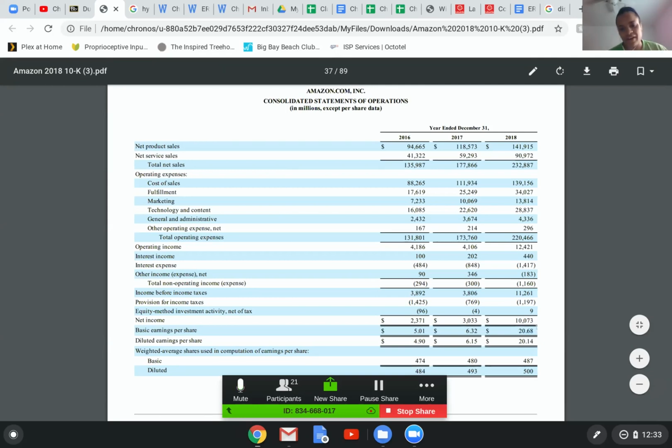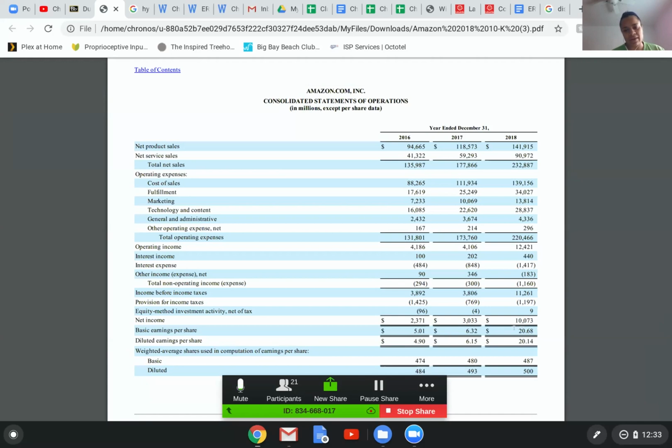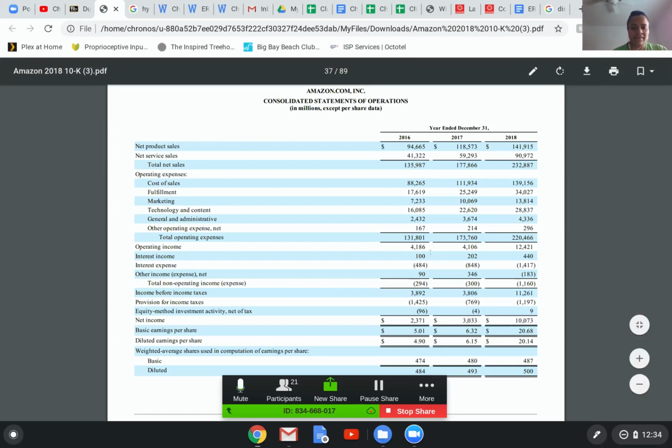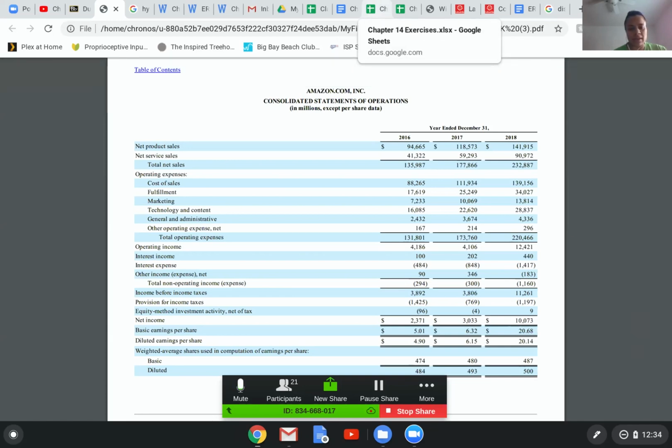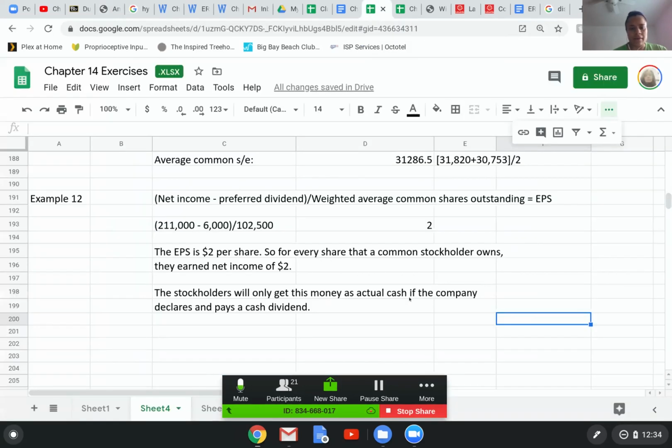No. So if you're holding stock in Amazon, you can see, wow, I earned a lot of money, but it kind of doesn't matter at this point. The stock price is increasing, but I'm not actually receiving any of that money at the moment. And I'm sure, unlike many other companies that are suffering in this pandemic, Amazon is actually doing really well. So I'm sure that 2020 will be an even bigger year for them, whether we like it or not.